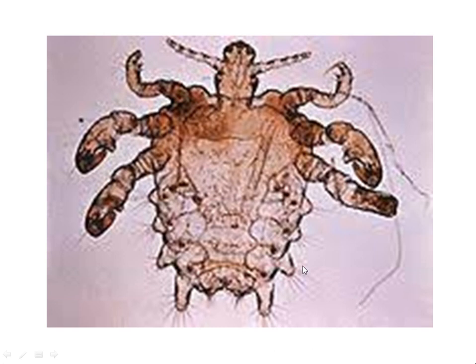It is not considered as a body lice, but instead it is a pubic lice. So that is the name Phthiriasis pubis. The scientific name is Phthiriasis pubis. Since it appears like a crab, it is also called as crab louse.